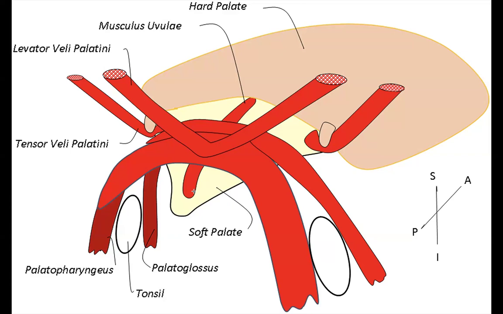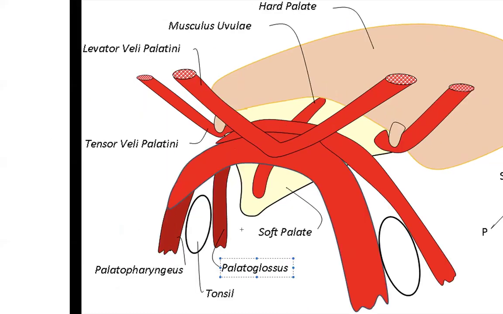So we have 5 muscles in total: tensor veli palatini, levator veli palatini, musculus uvulae, palatopharyngeus, palatoglossus. You can see that we have a muscle found in the first arch, and another muscle found in the second arch, connecting the soft palate to the pharynx or the soft palate to the tongue. Now we have to speak about their origins and insertions.